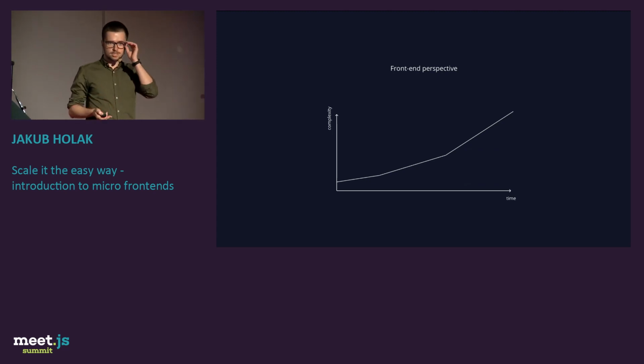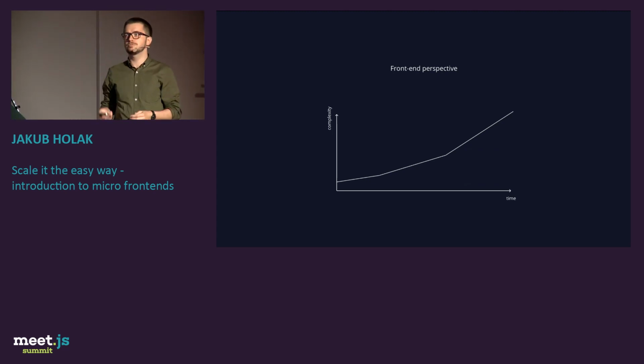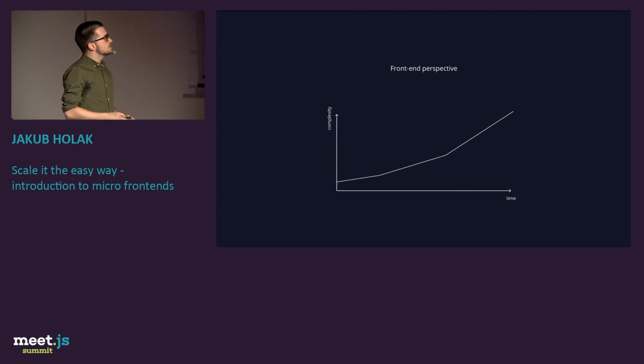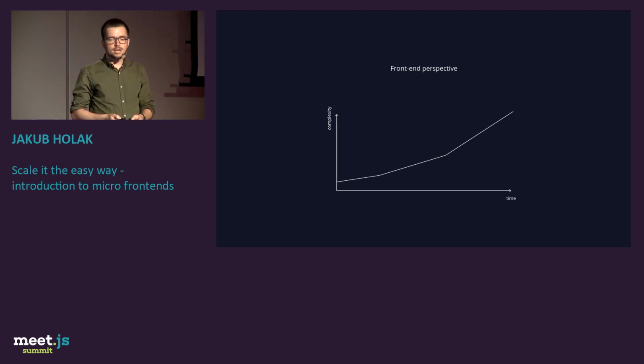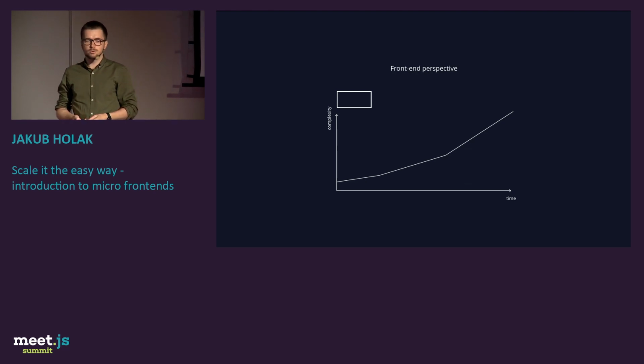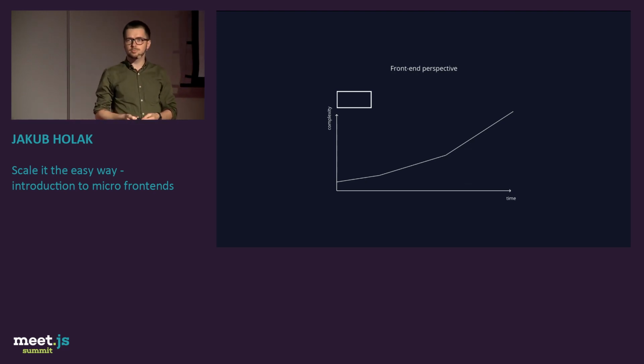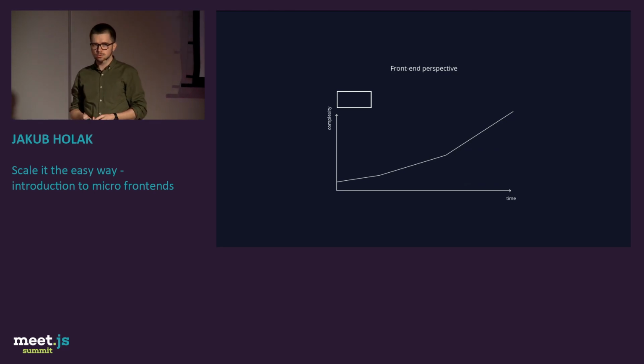But before I go to the definition of micro frontends, I would like to gently introduce the problem that we are facing, or that we will face in a short time. The complexity of front end applications grows fast. 15 years ago, there was just plain HTML generated by some server code.